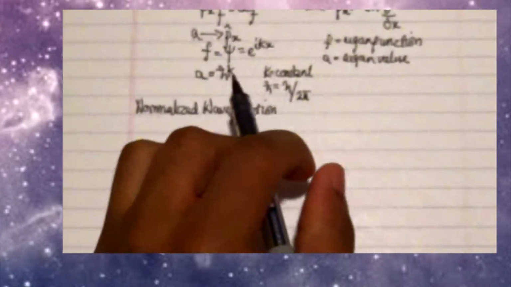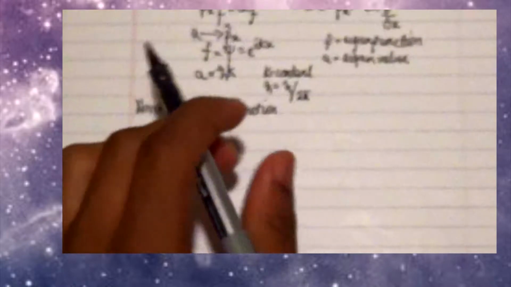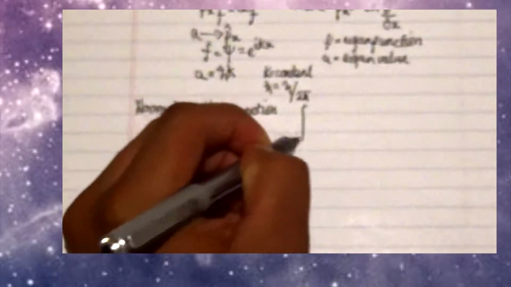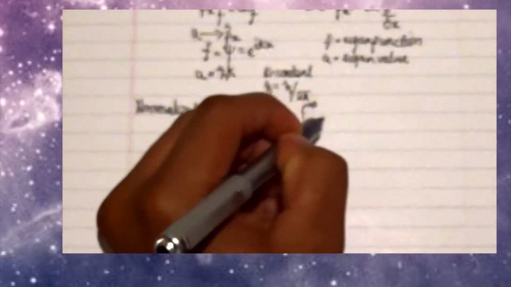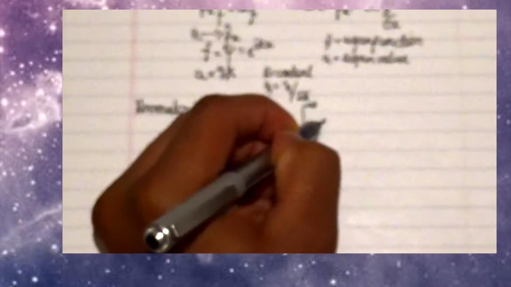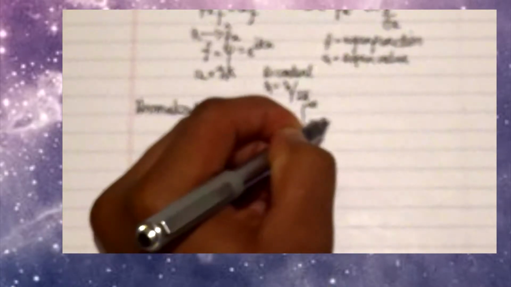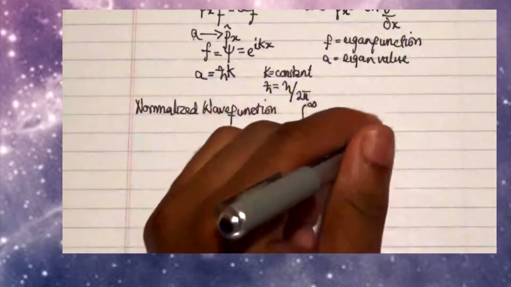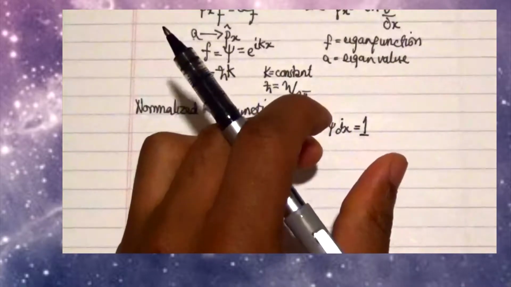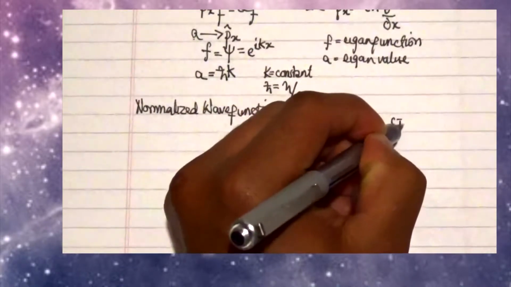We also understand that a normalized function is expressed as this, where this is the integration from negative infinity to positive infinity of our psi complex conjugate multiplied by our psi with respect to dx. And by normalizing, it all equals 1. This is expressed in quantum mechanics, and it describes a state. So what do I mean by a state?